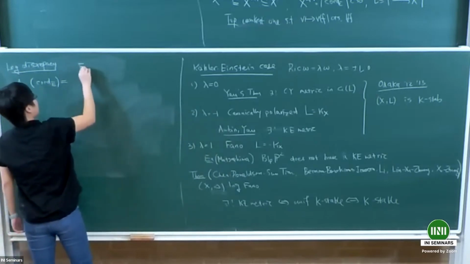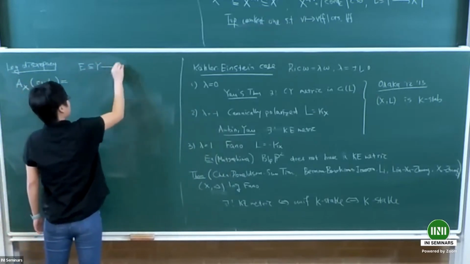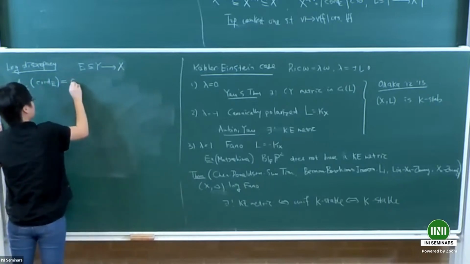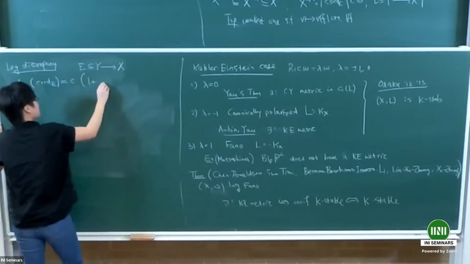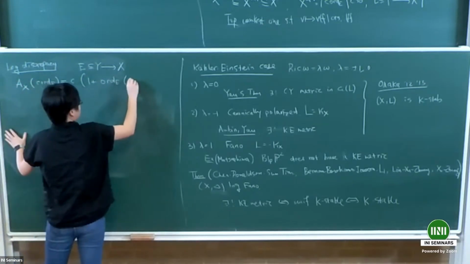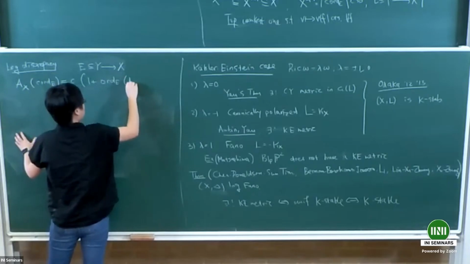again, I'm looking at this model, E sitting inside Y over X. A(v) is 1 plus the coefficient along E inside this relative canonical divisor.